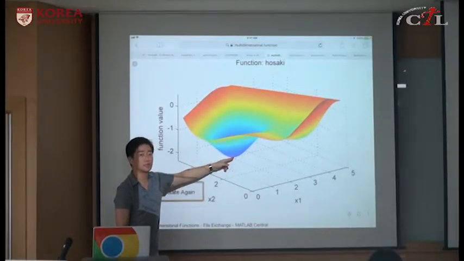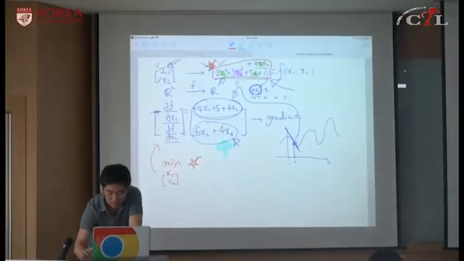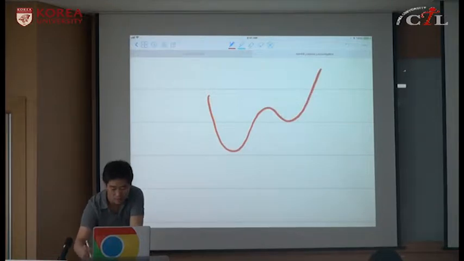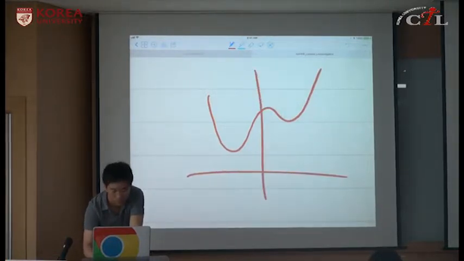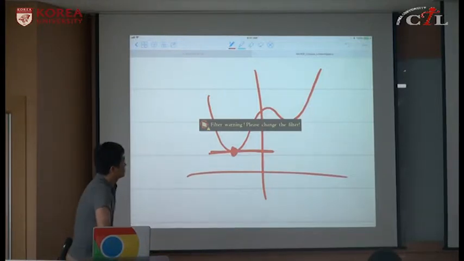It's just the same as this: if we have this kind of curve, what is the minimum point? The minimum point will be this, and that minimum point will satisfy the equation of having zero slope. So at this point, the derivative will be 0.